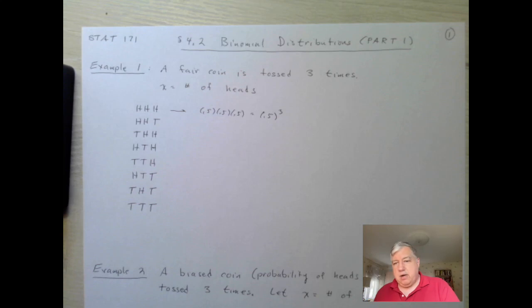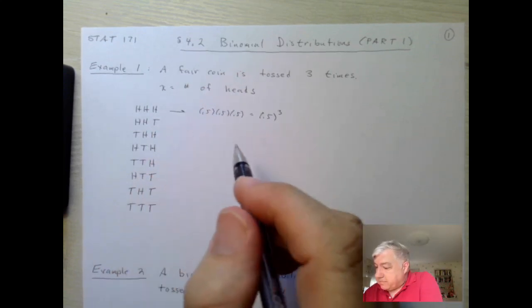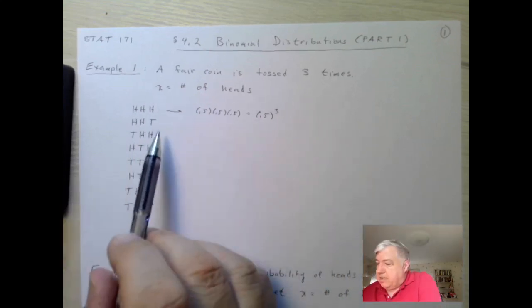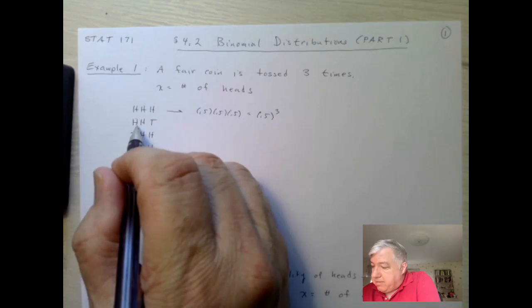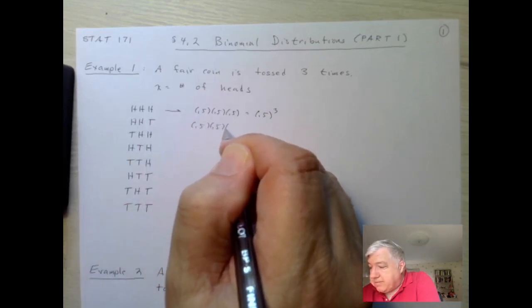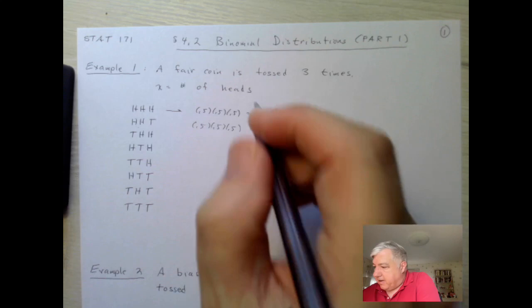And you'll see that all these other probabilities are going to be the same, because for the probability of heads, tails, that would also be 0.5 times 0.5 times 0.5, because the probability of heads is equal to the probability of tails. They're both equal to 0.5.